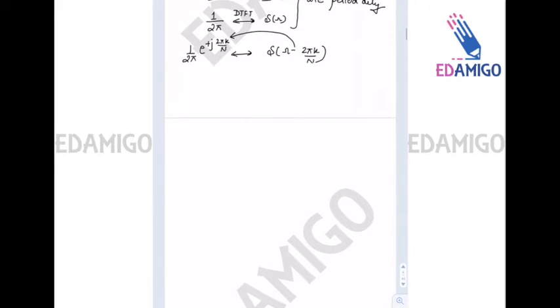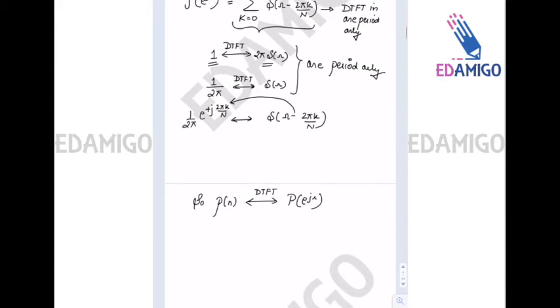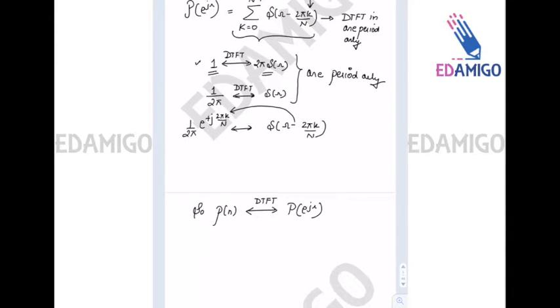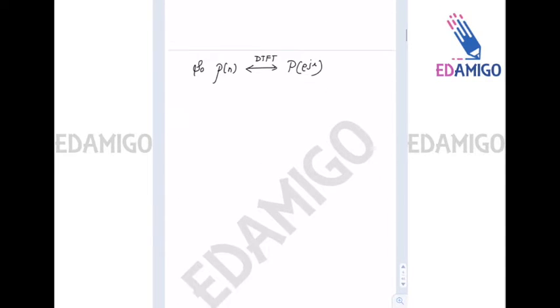So if Pn is a time domain signal that has DTFT P e to the power j sigma, then using these three relationships I can easily convert P e to the power j sigma into Pn.